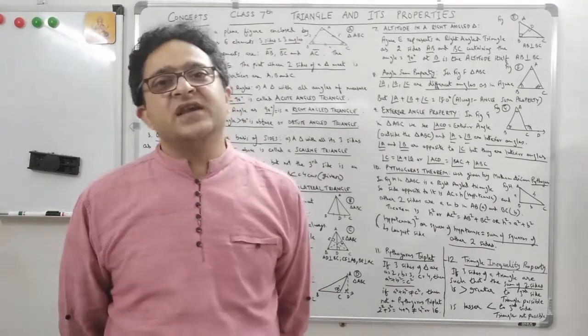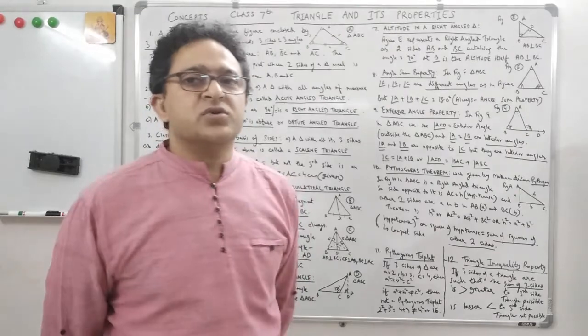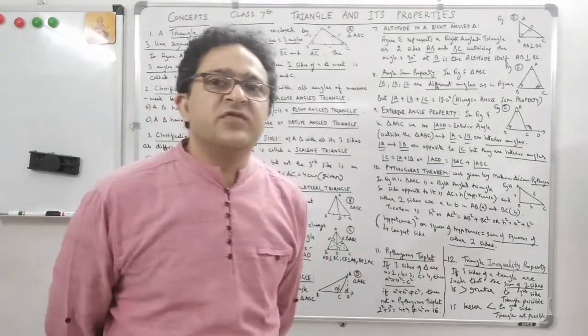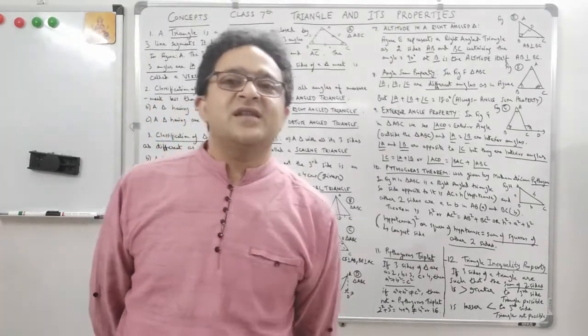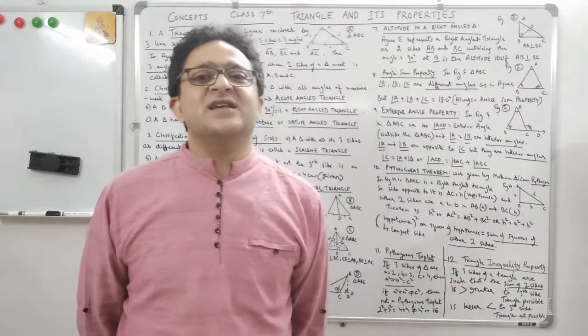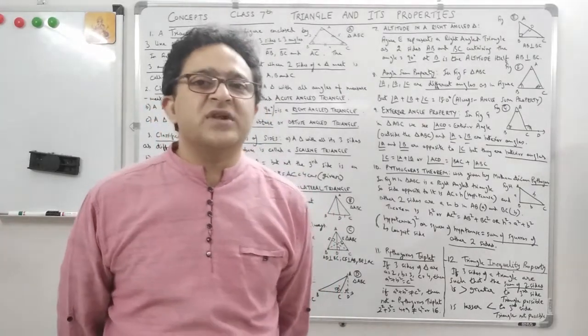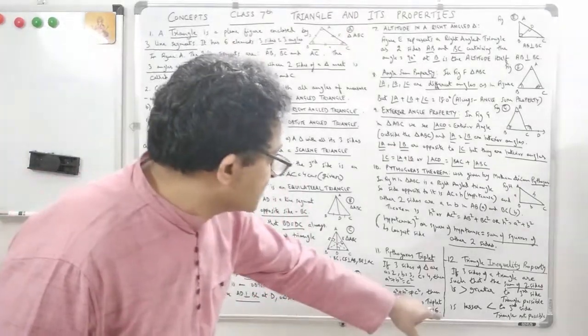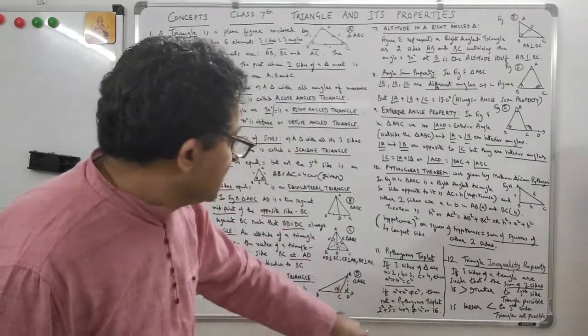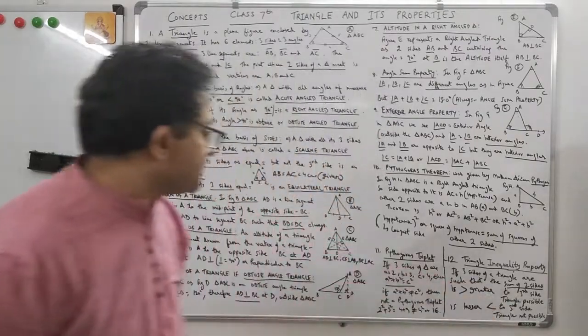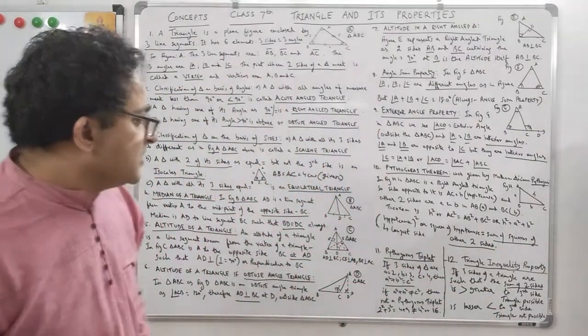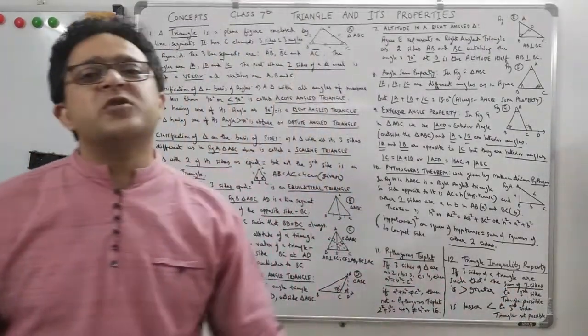So A square plus B square is 13, which is less than 16. A square plus B square is less than C square. So the triangle will not be possible. You will not be able to make the triangle.